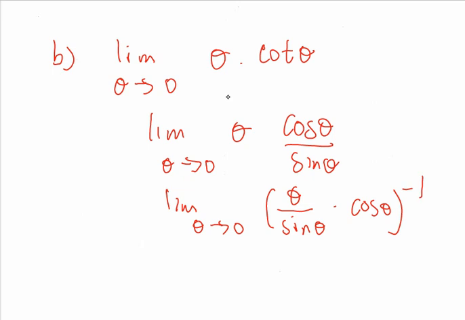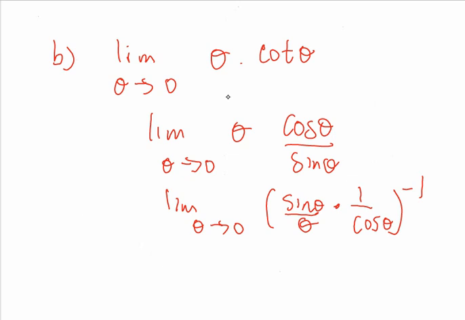If you apply the exponent of a negative, this will have to change, meaning we have sine theta over theta times 1 over cos theta, because whatever was in the numerator now becomes the denominator. When we evaluate this, we know the limit as theta approaches 0 of this part is equal to 1.